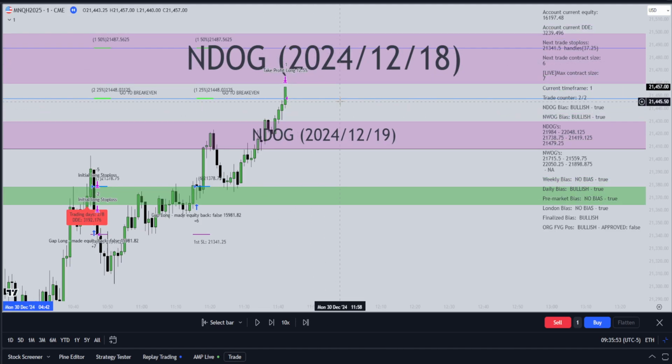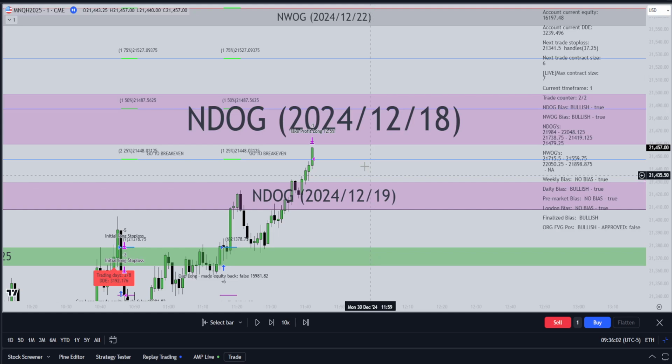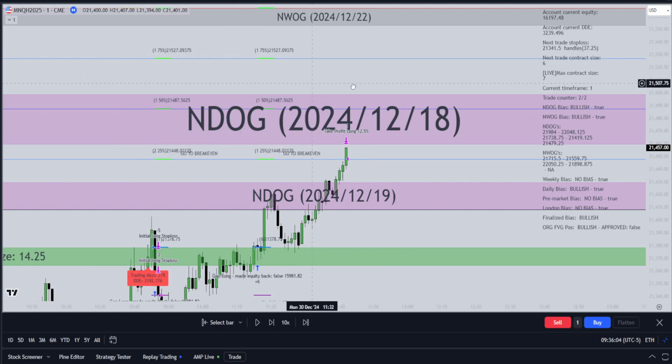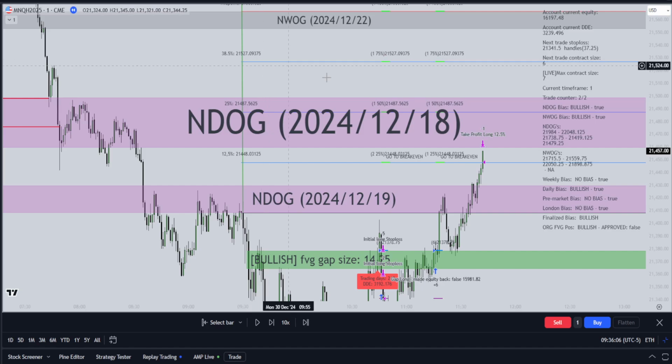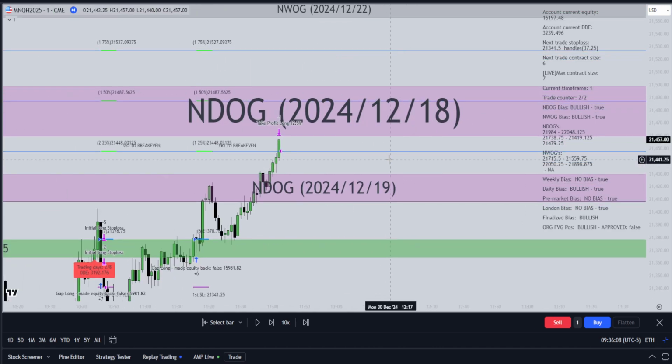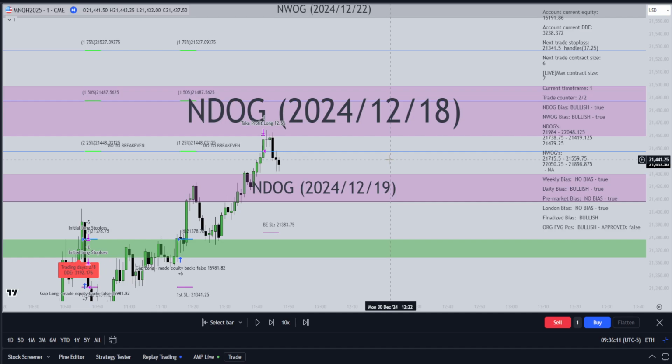Very nice. We are still not out of drawdown, because right now we are only up, I think, $200 or something like that. And I will actually get out of drawdown when the 75%, or the 38.5% in this case, gets hit. But that's okay. We currently have a small profit. We halved the loss that we already had, and we are right now at break even.